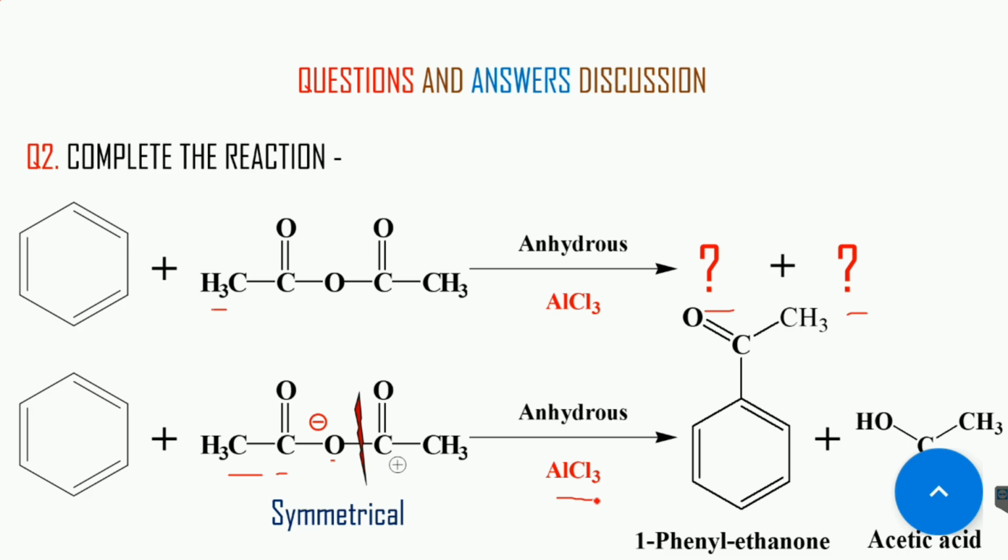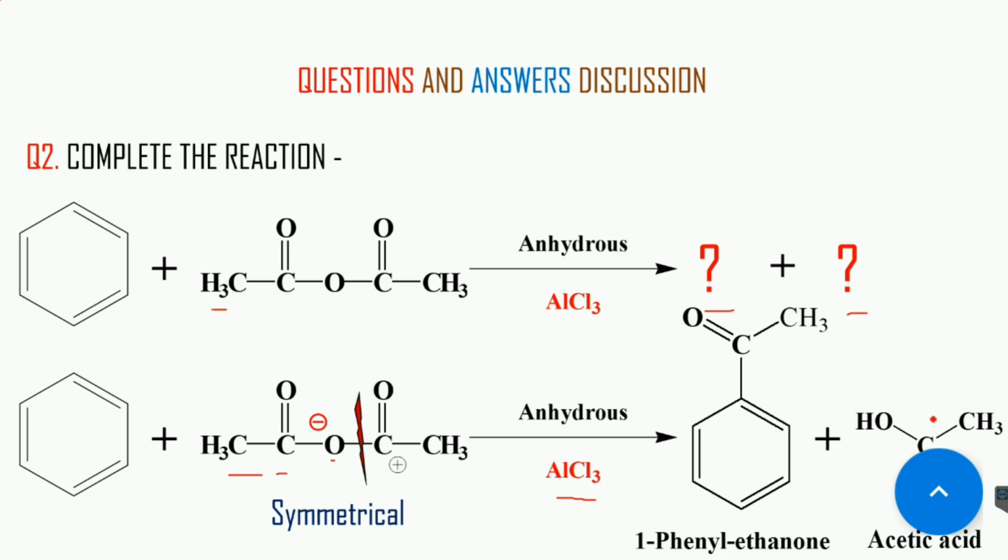After removal of the old electrophile, that is H plus, from this benzene, this nucleophile, this old part, will make a complex with this old electrophile, that is H plus. So at the end we get our product as well as this side product also, that is acetic acid.